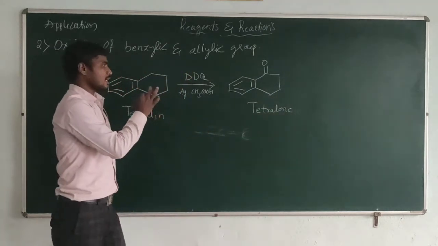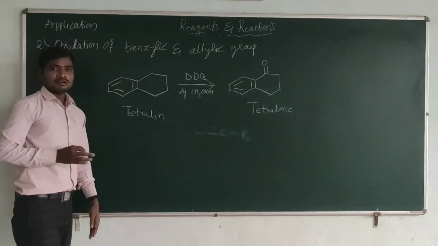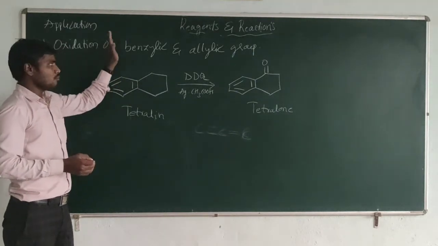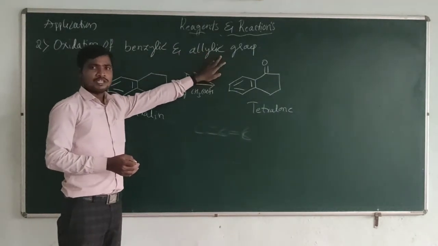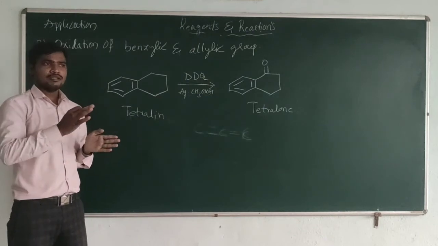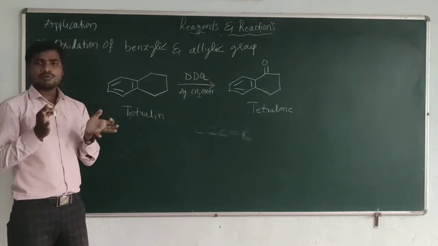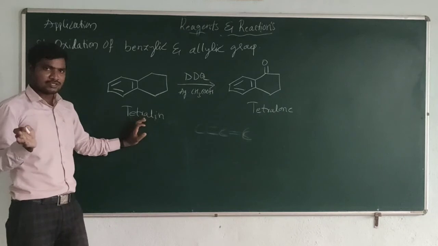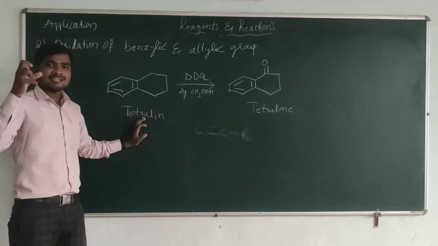So this is the second application of DDQ: the oxidation of benzylic or allylic groups. We can define oxidation in two ways. One is the removal of hydrogen, and the second is the addition of oxygen.